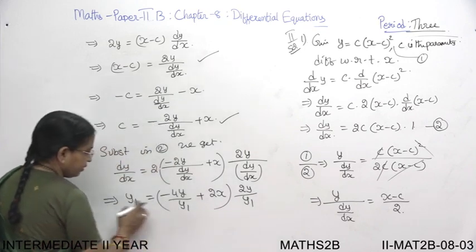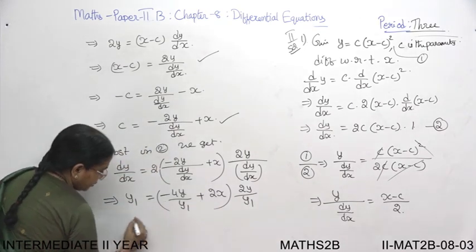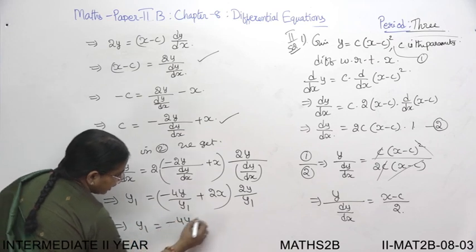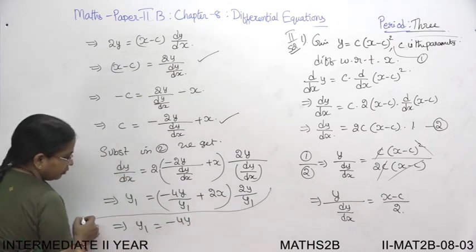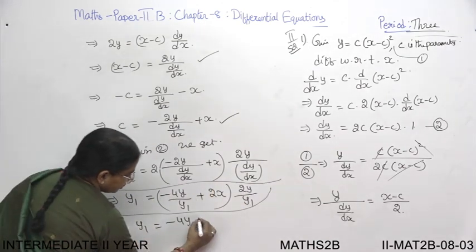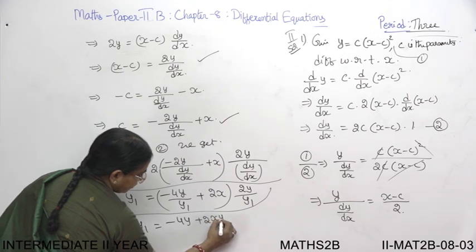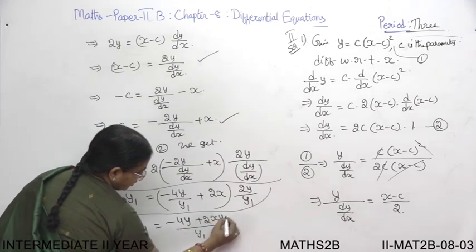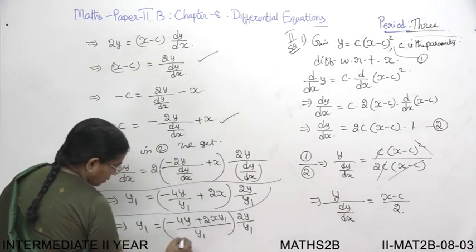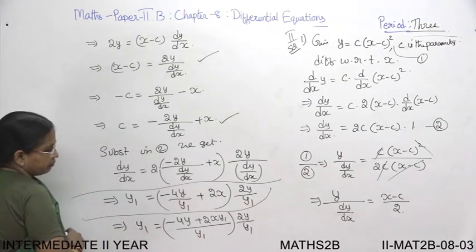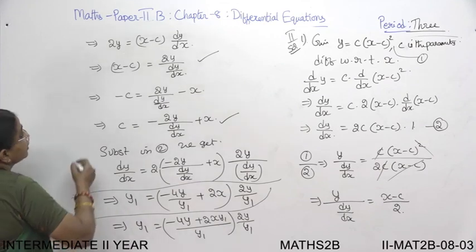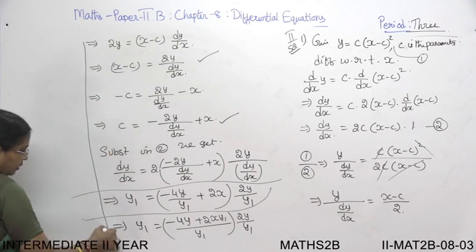Taking LCM, y1 is equal to minus 4y plus 2xy1 by y1 into 2y by y1. So y1 becomes y1 cube. So finally you will get the result.